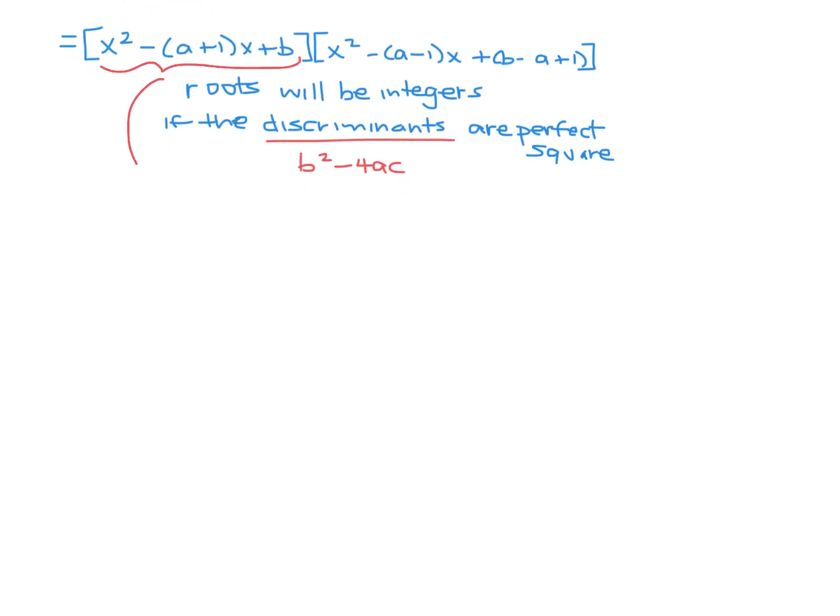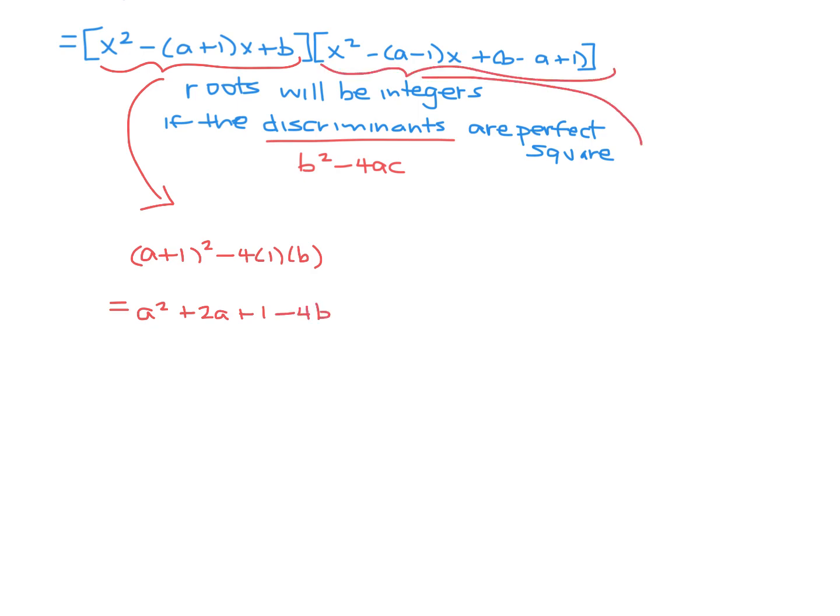For the first one, b squared minus 4ac is a plus 1 squared minus 4 times 1 times b. And that is a squared plus 2a plus 1 minus 4b. For the second one, the discriminant is a minus 1 squared minus 4ac, which is b minus a plus 1.